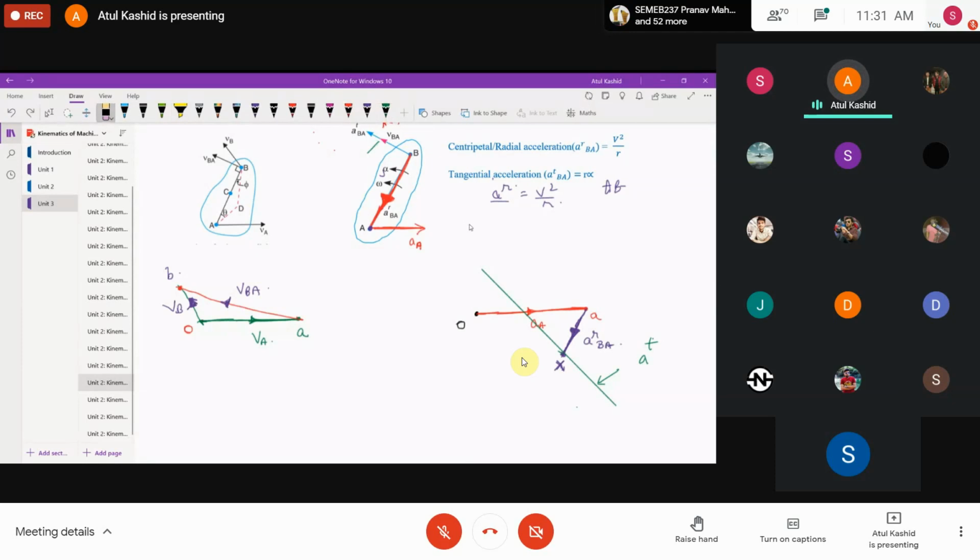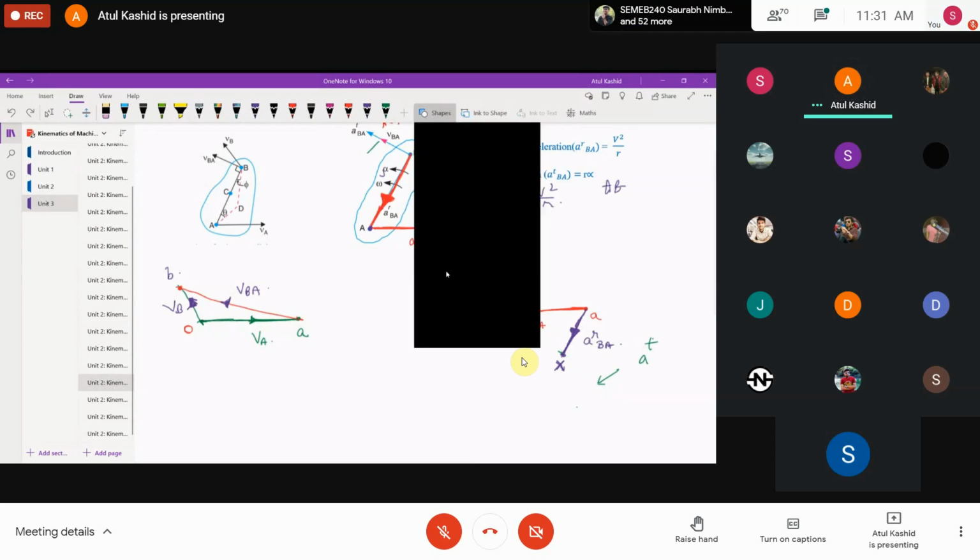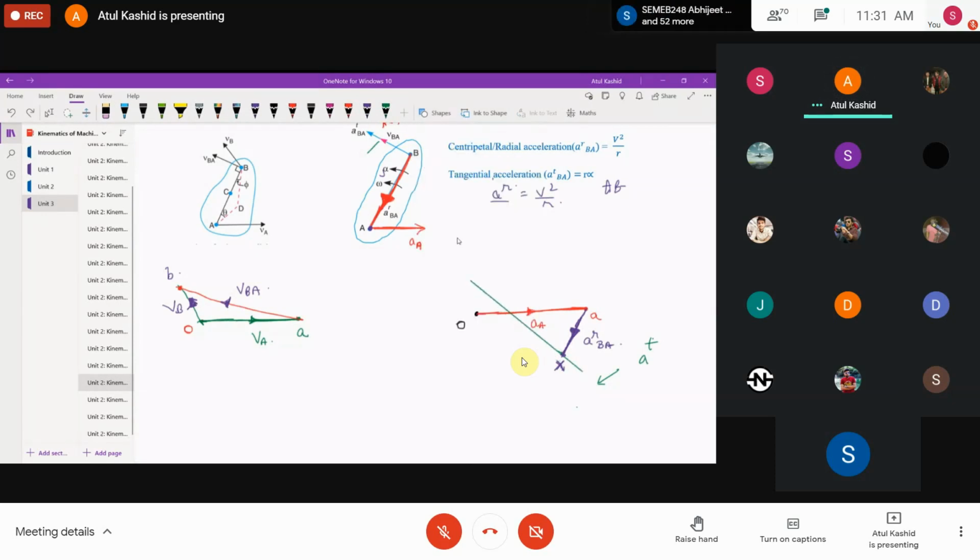It is not exactly parallel, so let me do one thing. Okay, so now we have finished with the radial component and tangential component of the AB.